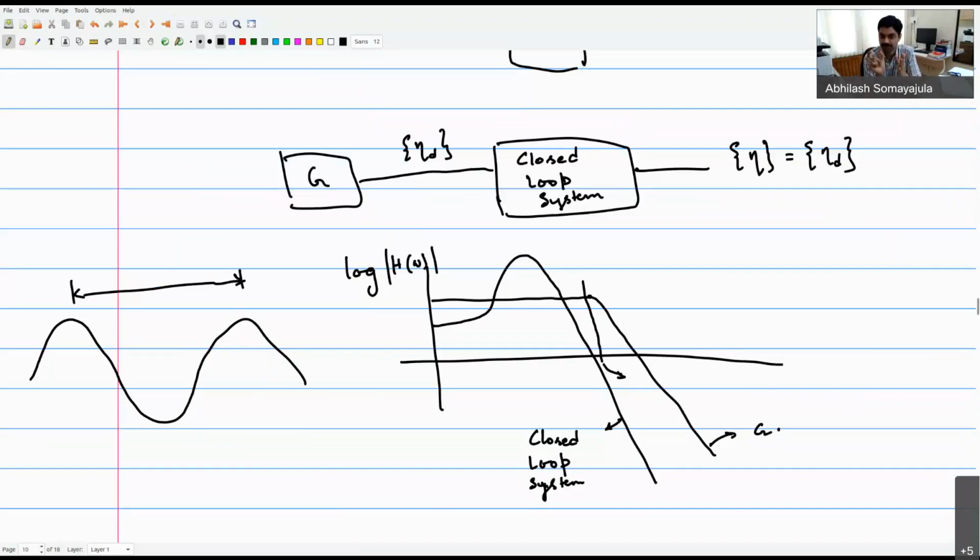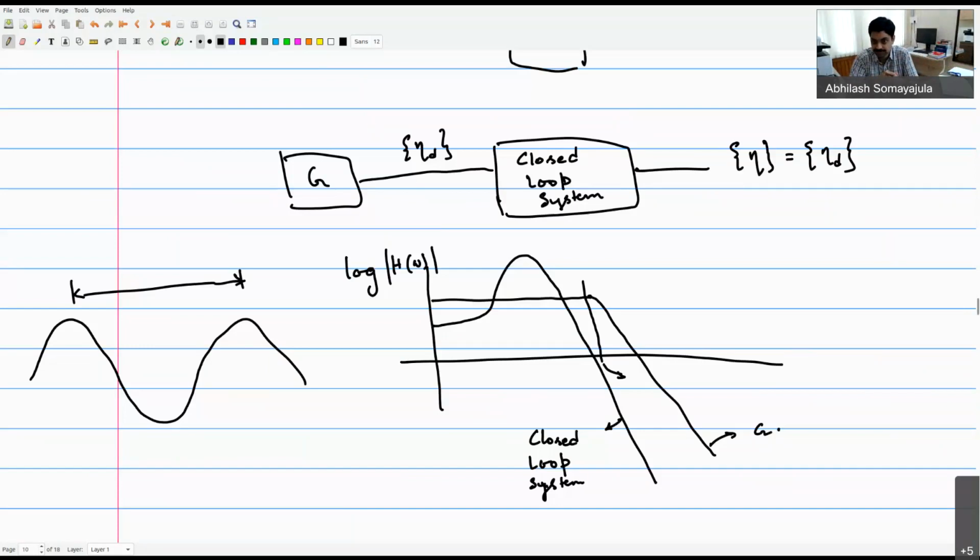So there is a portion of the bandwidth in the guidance system where I will generate a trajectory which really cannot be tracked by the craft. So in order to have a good guidance system, you want the bandwidth of the guidance system to be lower than the bandwidth of the craft.